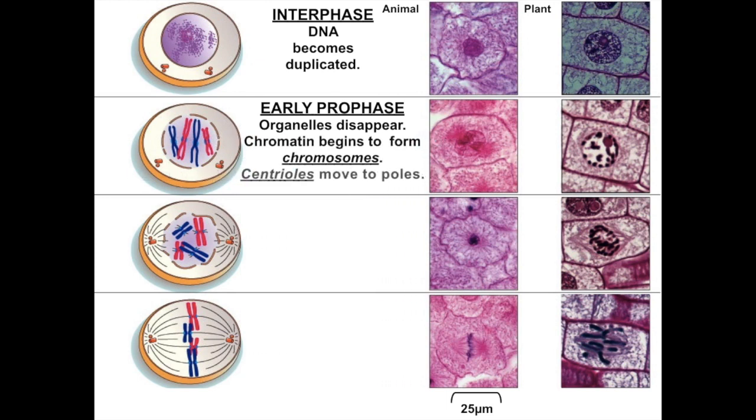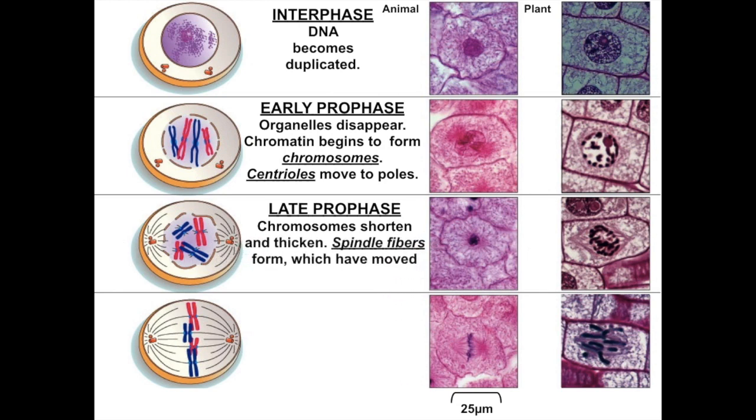At the beginning of prophase, the little chromosomes start to form, and the centrioles, those little microtubules, move to the poles. At the end of prophase, the chromosomes form their shape, they shorten, and then we have these little ropes coming out of the centrioles called spindle fibers.